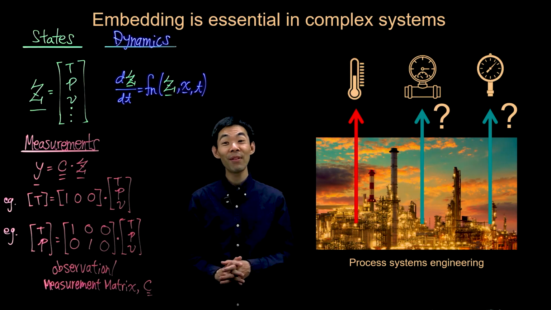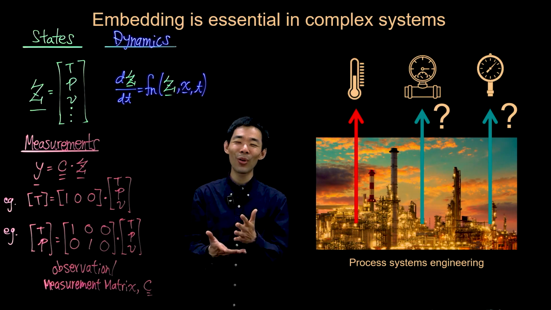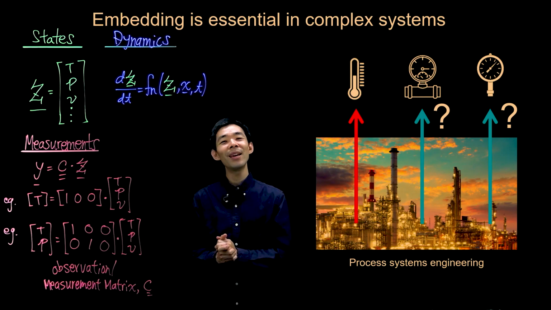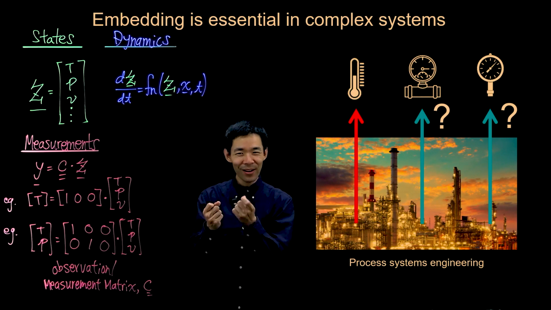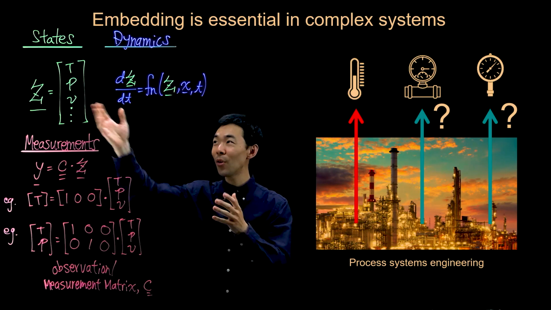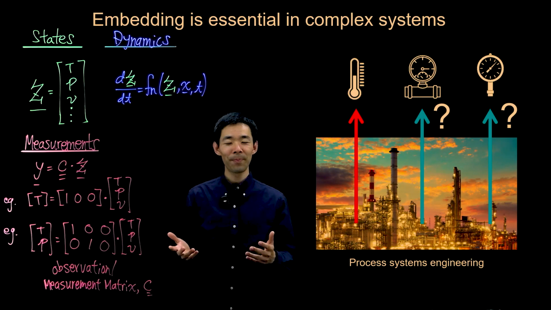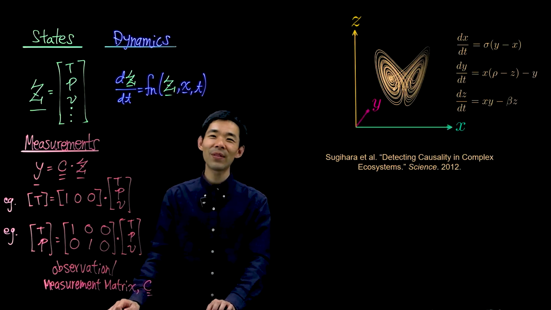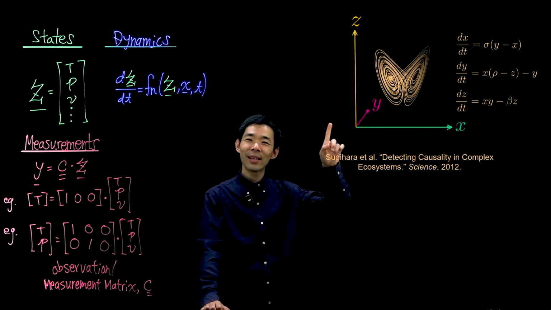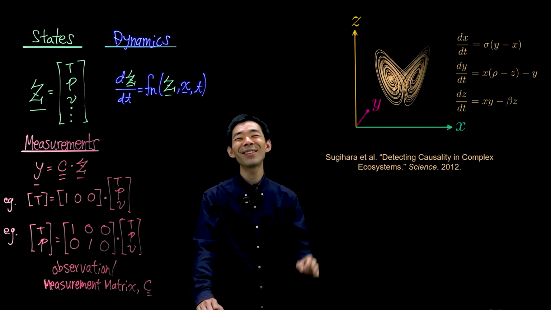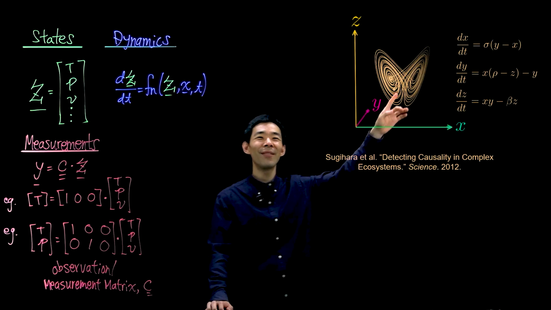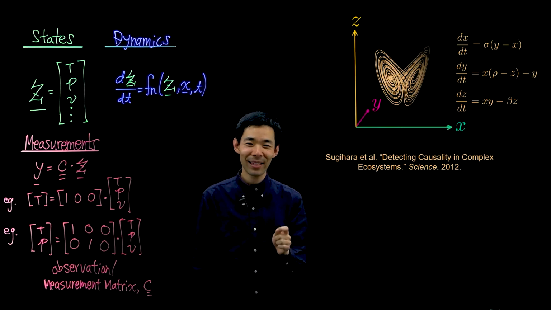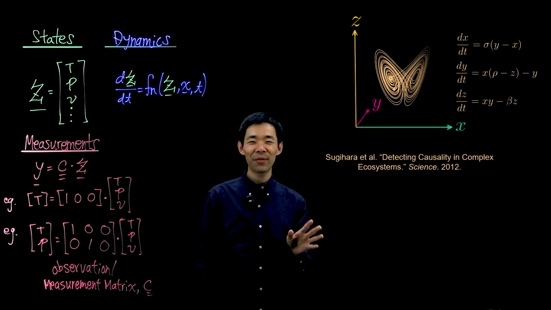And sometimes you have a very good spatial and temporal resolution measurement of those partial measurements. So the question is, can we harness that very valuable data that you have for the partial states to develop a model? And in fact, there was a very nice paper about 10 to 15 years ago where these authors over here considered a toy problem of a minimal model that exhibits chaos due to nonlinearity in coupled ordinary differential equations.